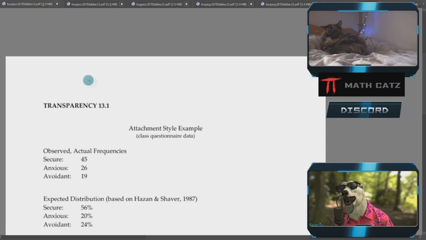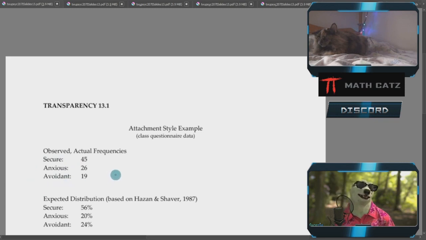The first one is called the chi-squared goodness of fit test, where we are going to observe some frequencies, or we're going to get some observations, and from that get our frequencies. For example, let's look at different kinds of attachment styles people could have, and the different possible outcomes we're looking at are secure, anxious, and an avoidant attachment style.